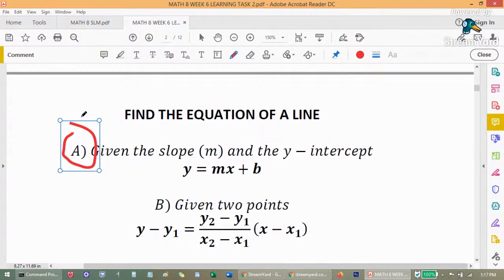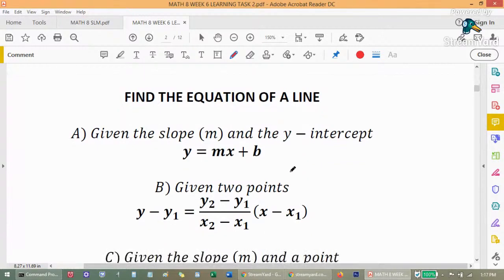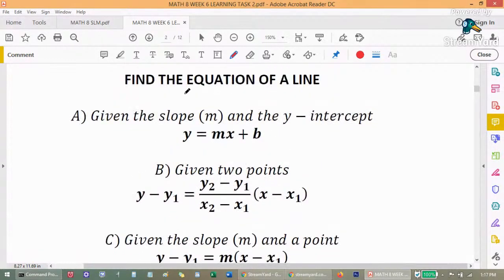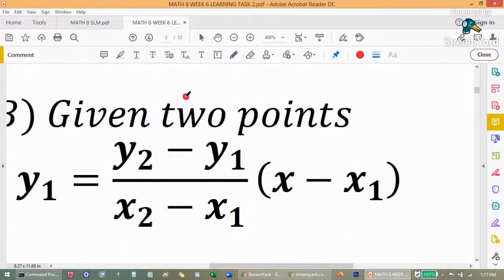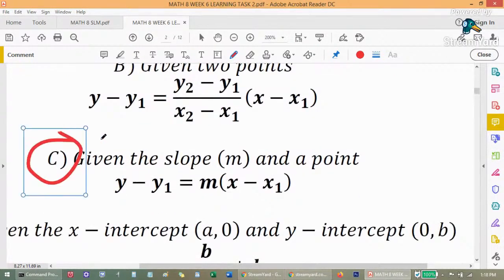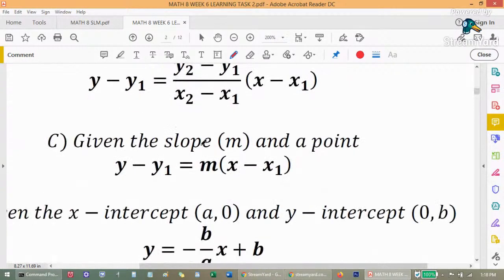Letter A, kapag ang ibibigay sa atin ay isang slope at isang y-intercept. Okay? Paano mahanap ang equation of the line pag binigyan tayo ng 2 points? Letter C, what is the equation of a line pag binigyan tayo ng isang slope at isang point?